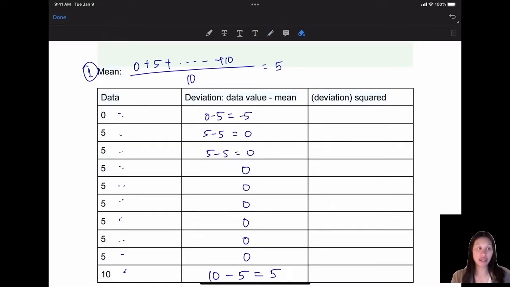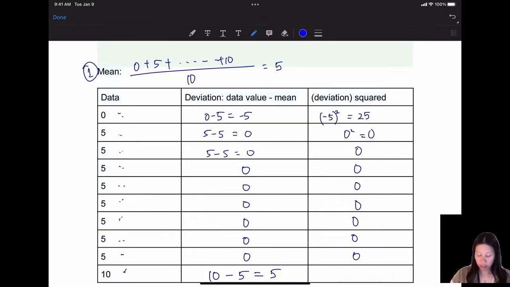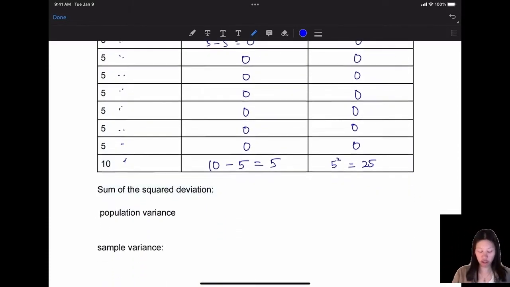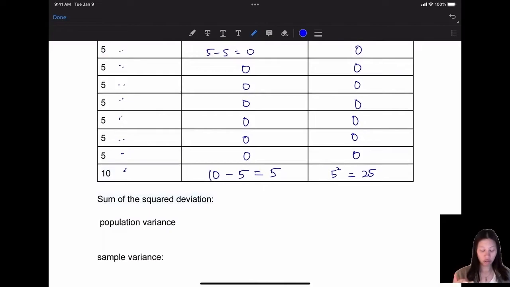After that, we need to square the deviation. So we have negative 5 squared, which is equal to positive 25, and then 0 squared equals 0. These are all 0. And the deviation of the last data value is 5 squared, which is 25.